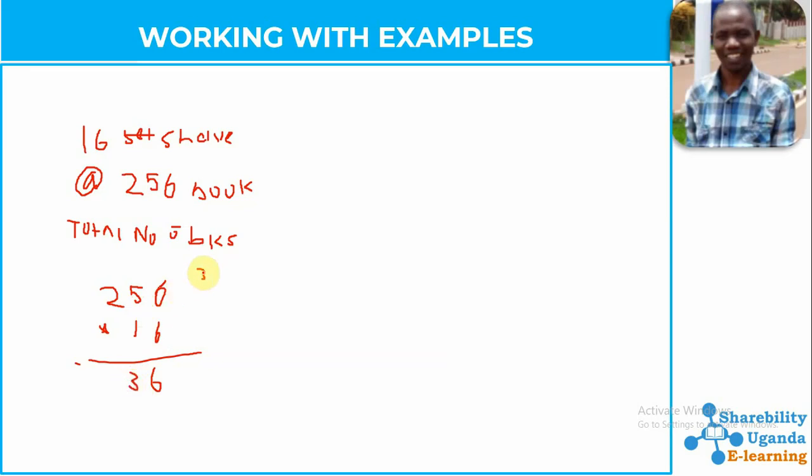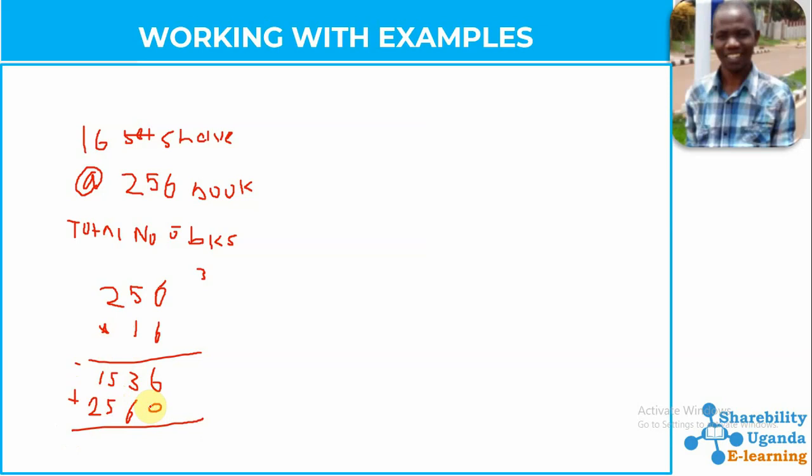You also carry 3. 6 times 2 you get 12, then 12 plus 3 we get 15. Then we say 1 times 6 is 6, 1 times 5 is 5, 1 times 2 is 2. Then here we add this to get our final answer.